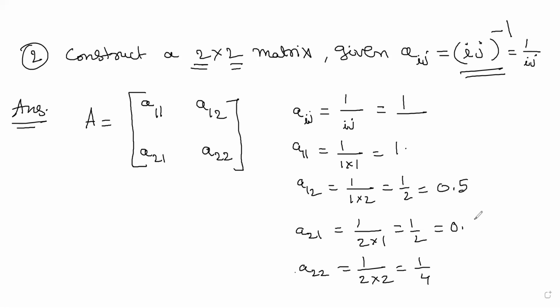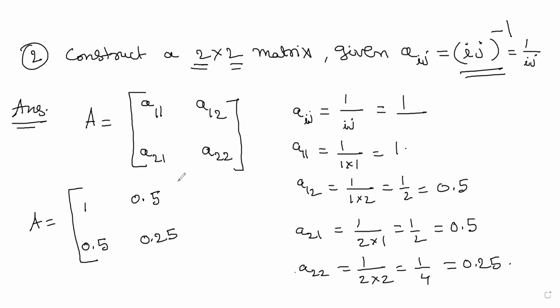This is also 0.5. 1 by 4 is 0.25. So represent in decimals. That's the answer they asked us. So A11 you have 1, 0.5, you have again 0.5, this is 0.25. Right? Hope clear?